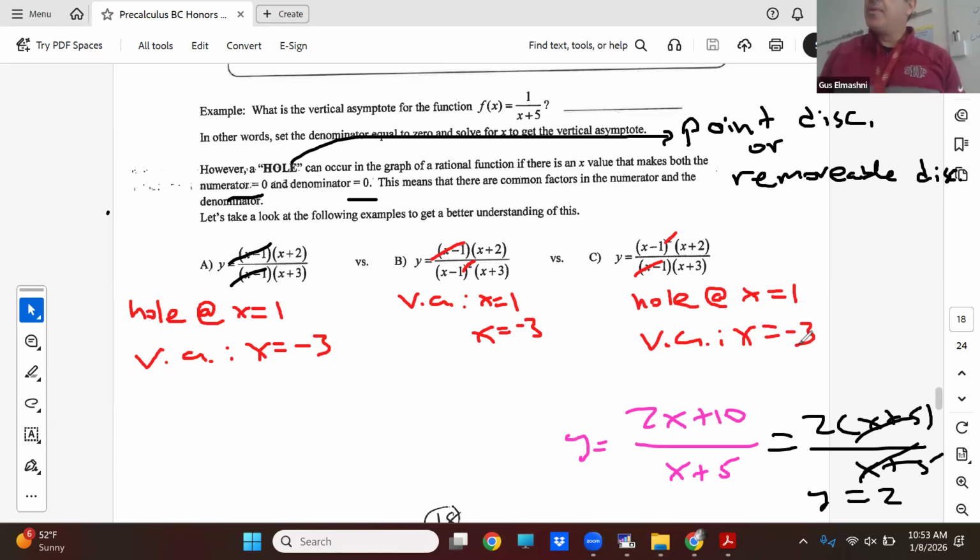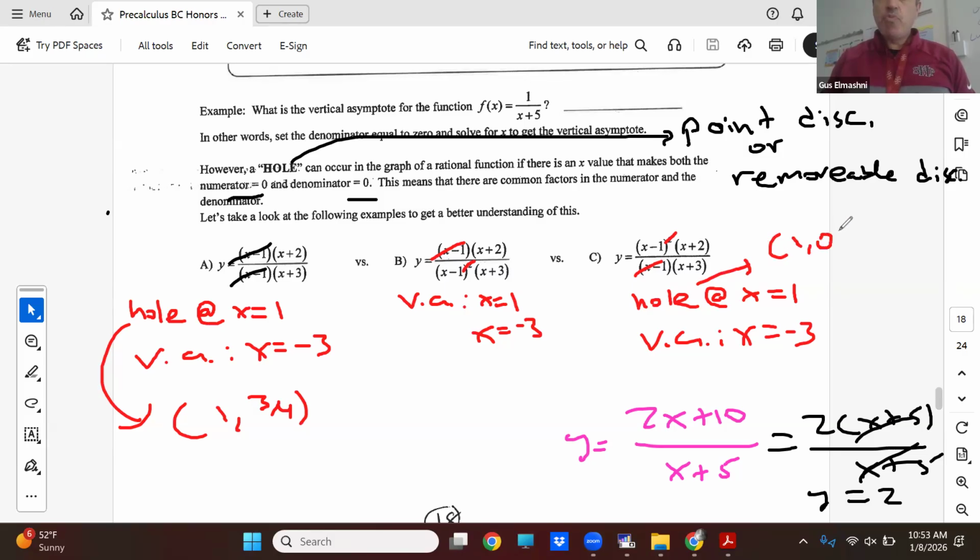How do you find the y coordinate of the holes? Yeah, plug it back into the simplified form. Yeah, that's it. And here this would be at 1, 0. We plug 1 into the simplified form.